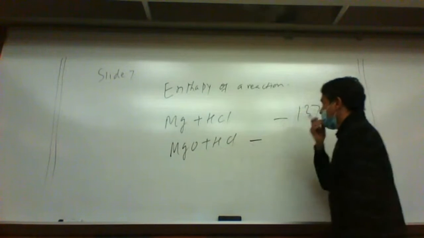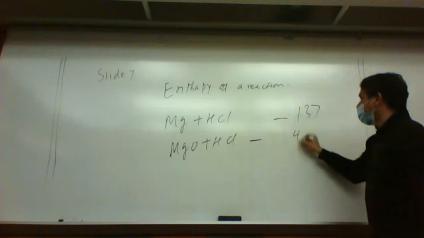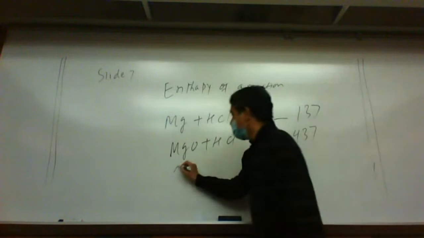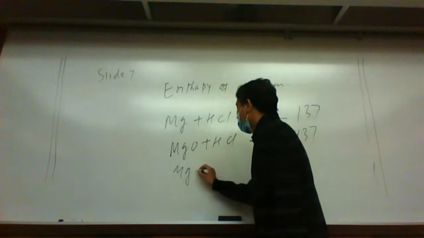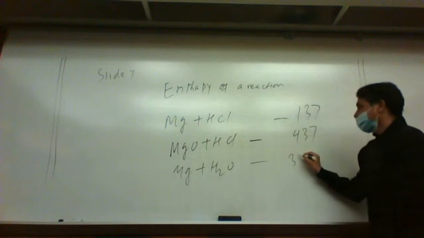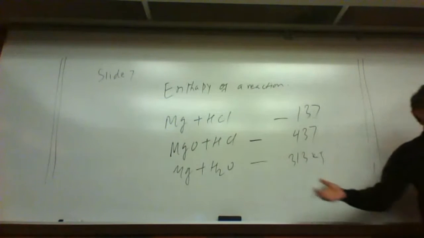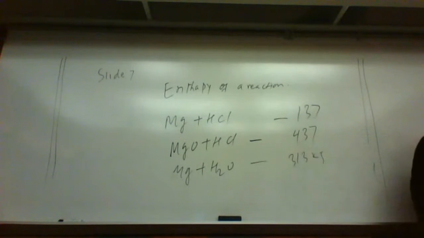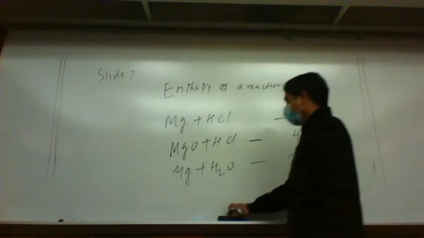When we did MgO and HCl, we got 437, something like that, and we just rearranged this one and did it like this. Mg plus H2O would give you around minus 313 kilojoules per mole. If you remember your coffee cup calorimeter, we are doing exactly the same thing here.